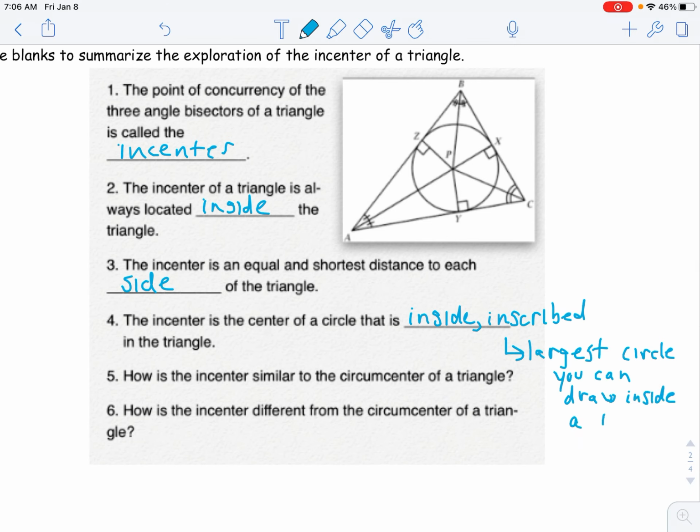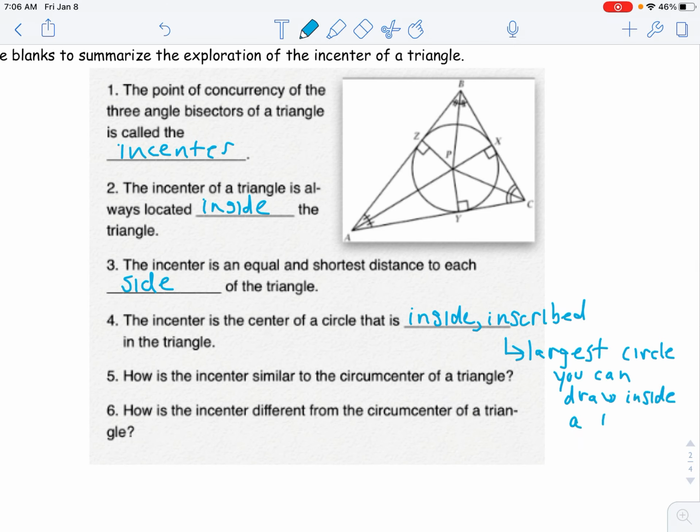So for 5, they're similar because they're formed by the intersection of 3 lines. Let's see, what else? Maybe we'll come back to that, but let's talk about the differences, because I like the differences to be a little bit more thorough.